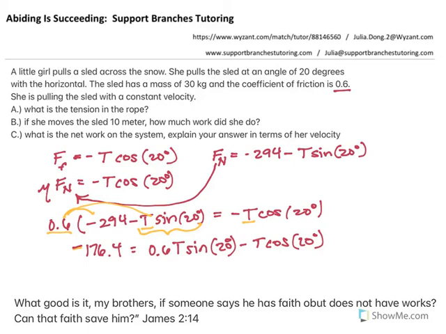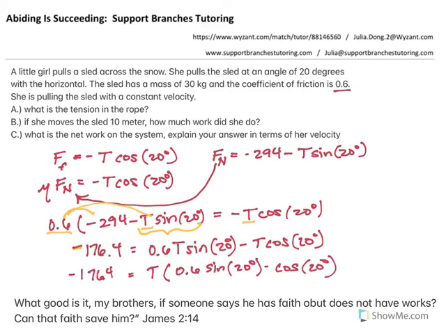If we pull out the tension here, we're left with 0.6 sine of 20 degrees minus cosine of 20 degrees equals negative 176.4.